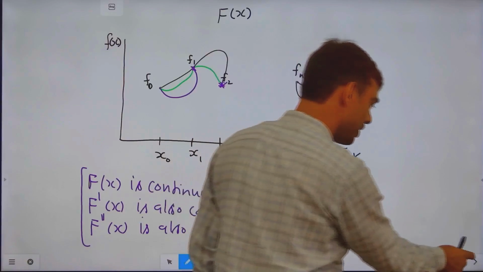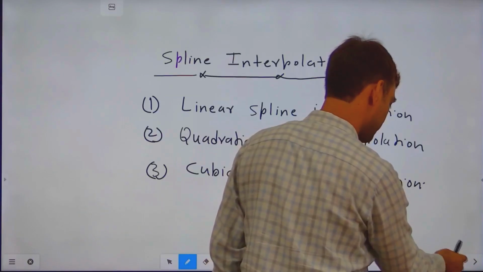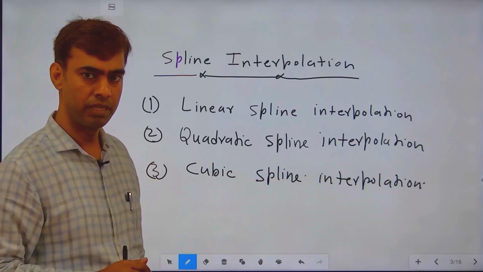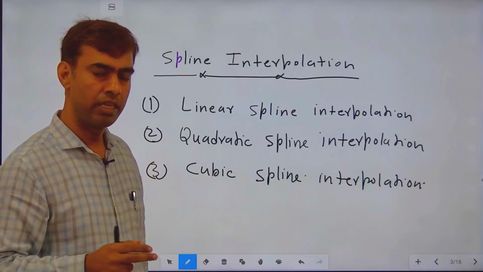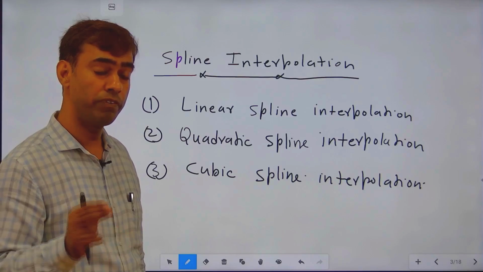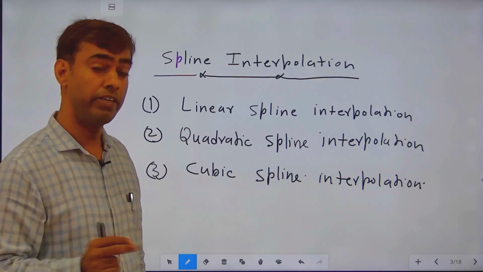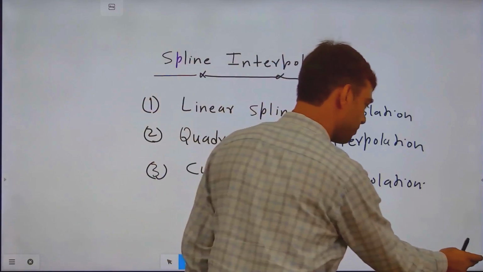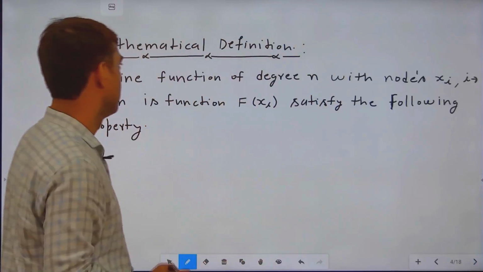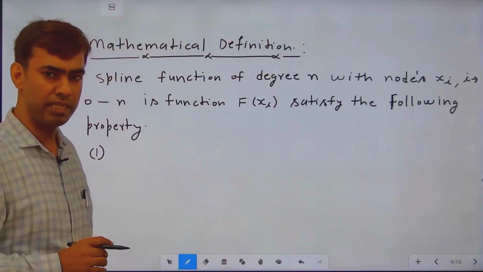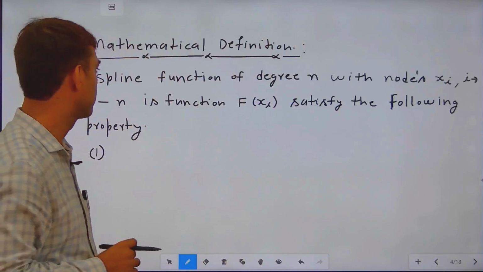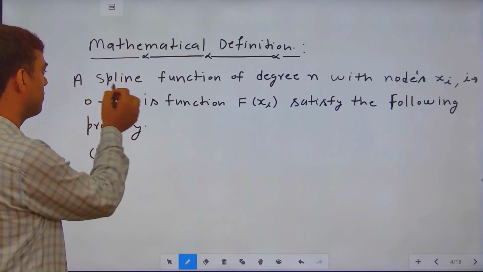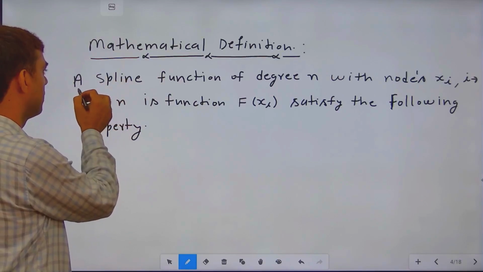So mathematically, how do we define this? This is the graphical interpretation of spline interpolation, how we fit a spline curve. What is the mathematical definition of spline interpolation?